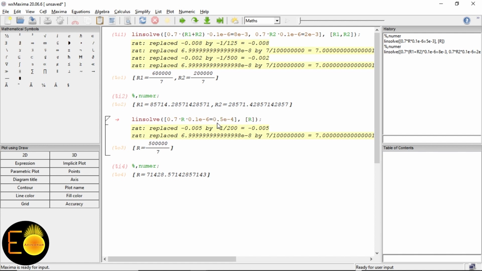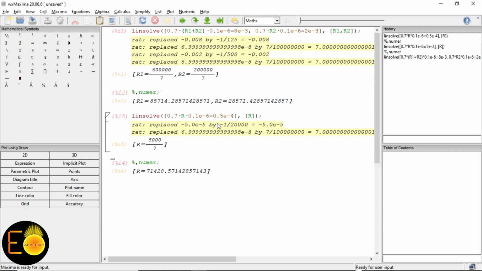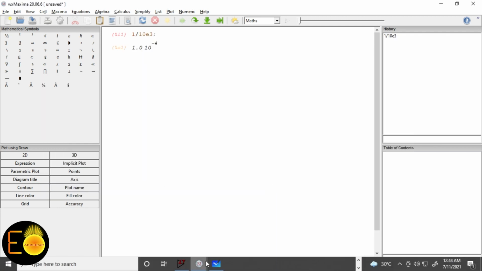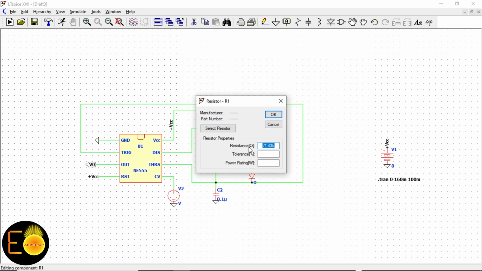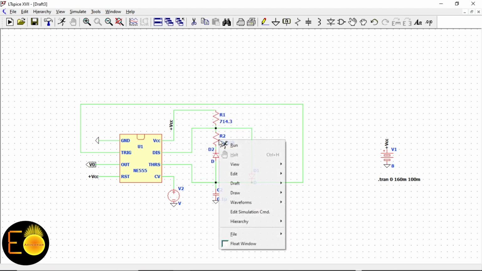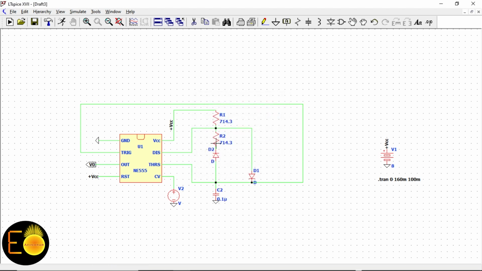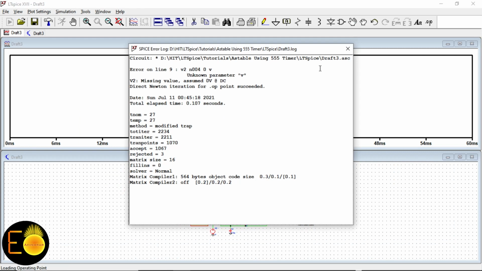So this will be for half of the period for the frequency of 10 kilohertz. And for that the value should be 714.3 ohms. So I'm going to replace both resistors with 714.3 ohms, for the capacitor value of 0.1 microfarad. And now if I run, what is the problem?